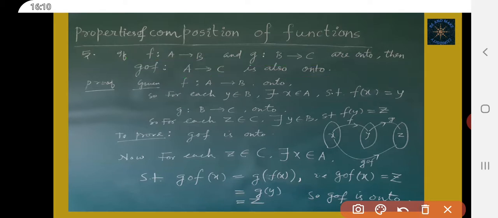And you know that if a function is onto, here you see f is onto given.